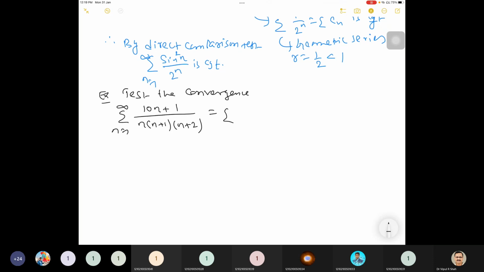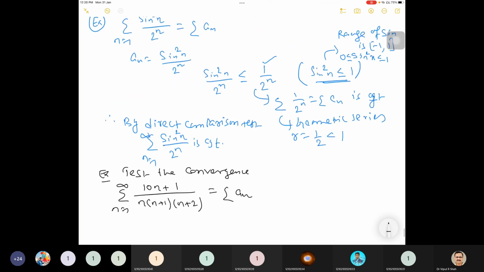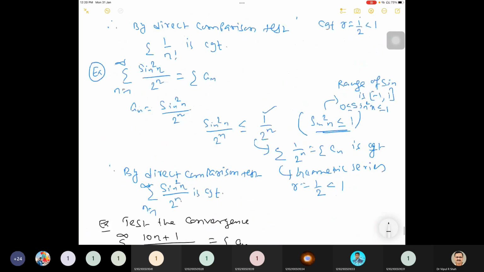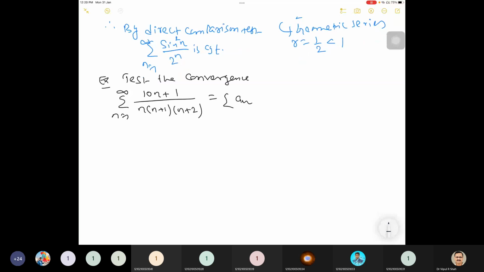Now say this is series An. Now we need to select the series Bn. We are using this theorem. Let us see how we select the series Bn.